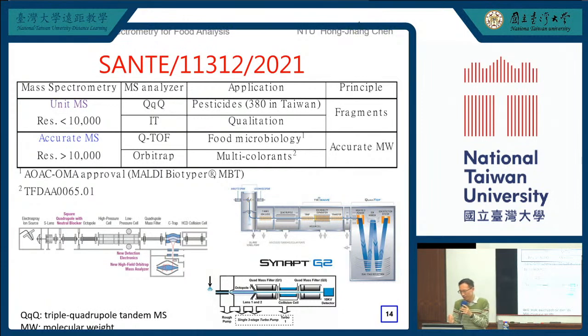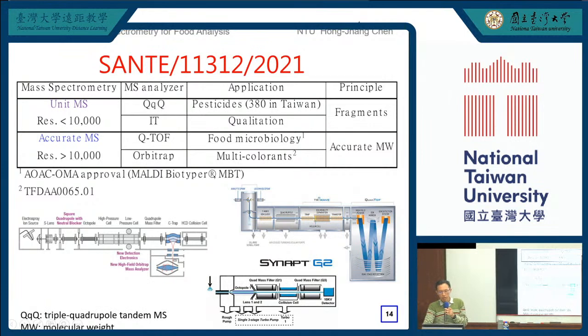No, it's good. That's because we have the tandem MS technique to do that. So we use the triple quadrupole for pesticide inspection in Taiwan. We could detect 380 pesticides in Taiwan using the unit MS, so-called triple quadrupole. How could we do that? Based on the fragments.